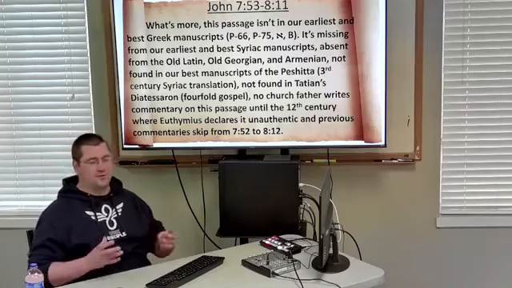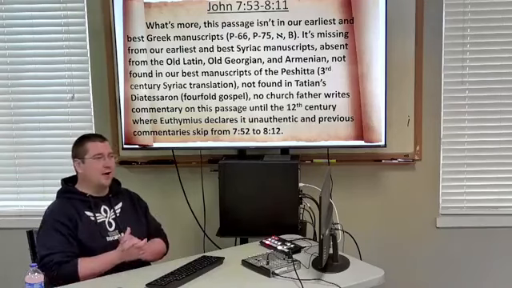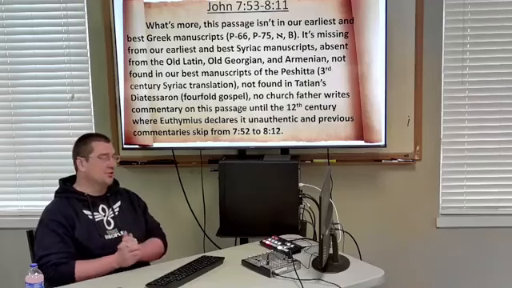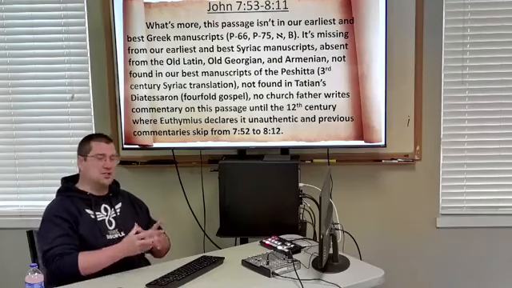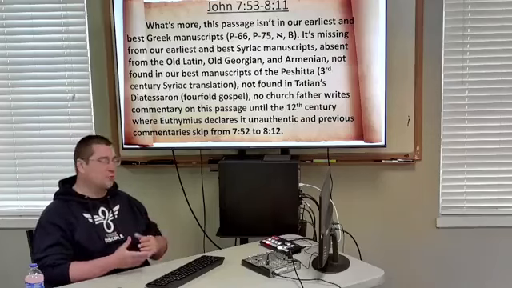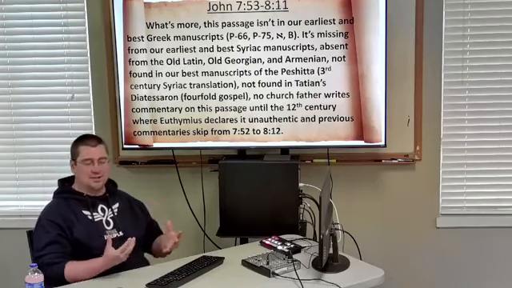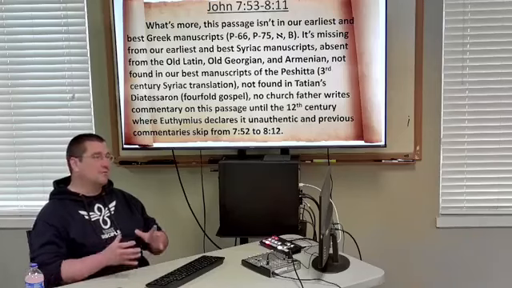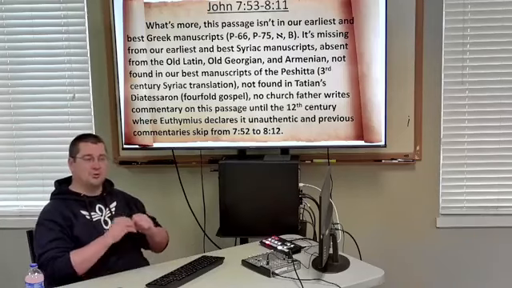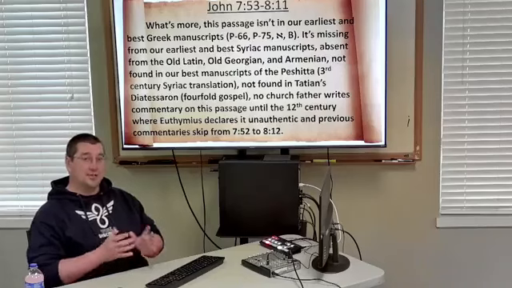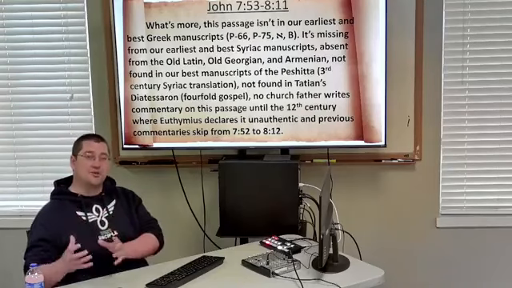Jerome was asked by the bishop at that time, Damasus, because all these Latin translations began to come out where people were adding and subtracting what they wanted, and they began to see this was a problem. And so Jerome was asked to go back to our earliest and best witnesses, create what later became called the Latin Vulgate, and he standardized a Latin translation.